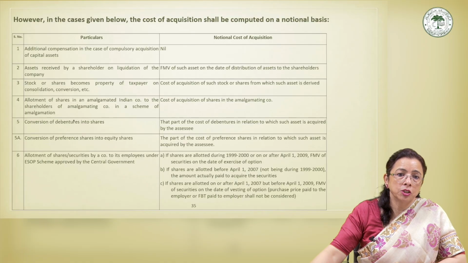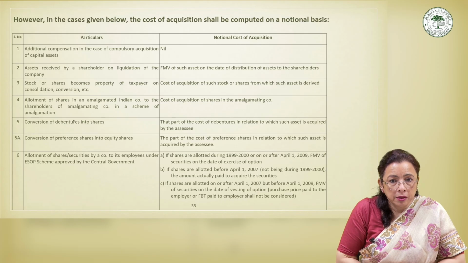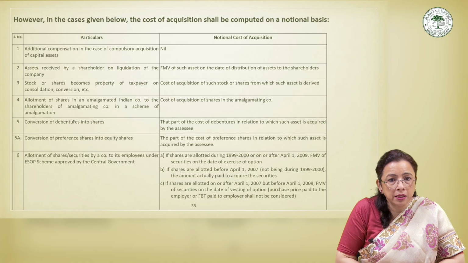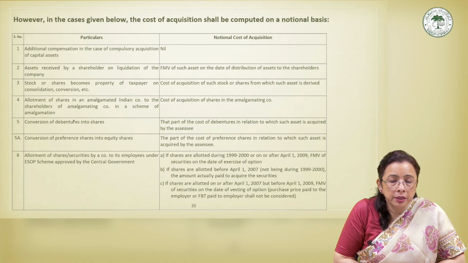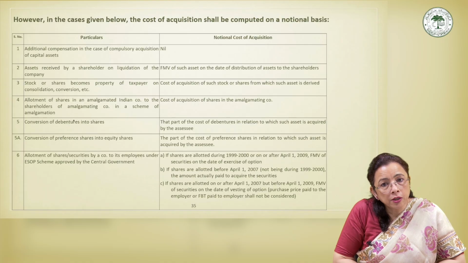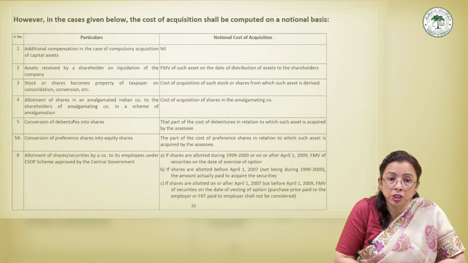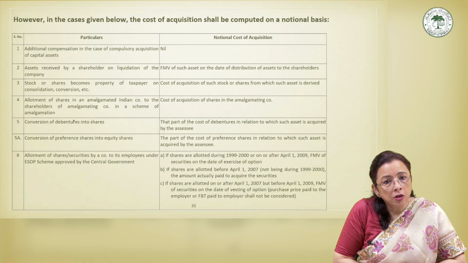Next is the stock or shares becoming the property of taxpayers on consolidation, conversion, etc. Sometimes, because of different situations or the need of the hour, the shares or securities undergo restructuring through consolidation, conversion, division, reclassification or any similar corporate actions.